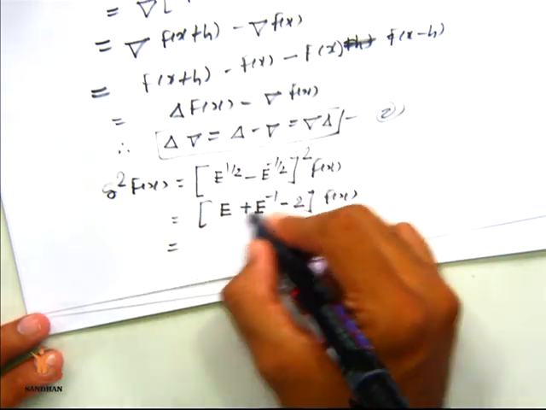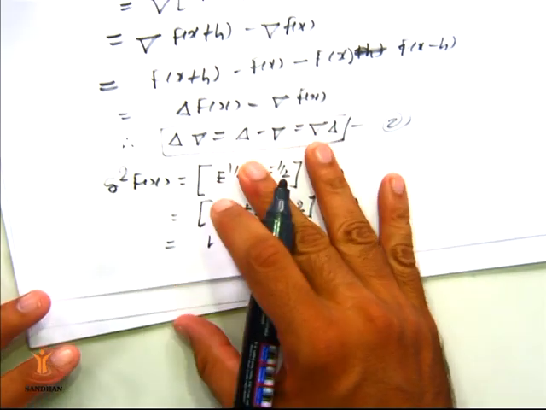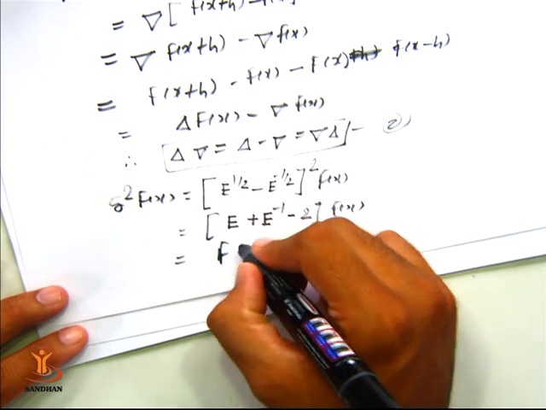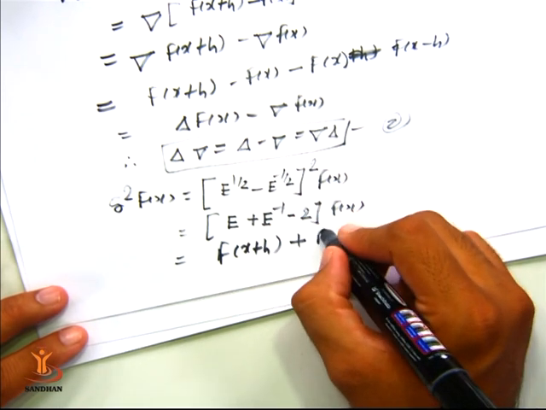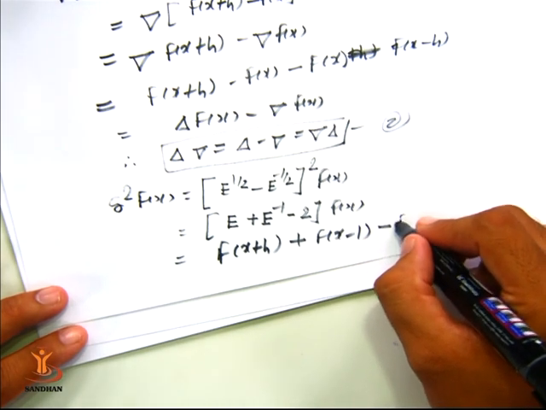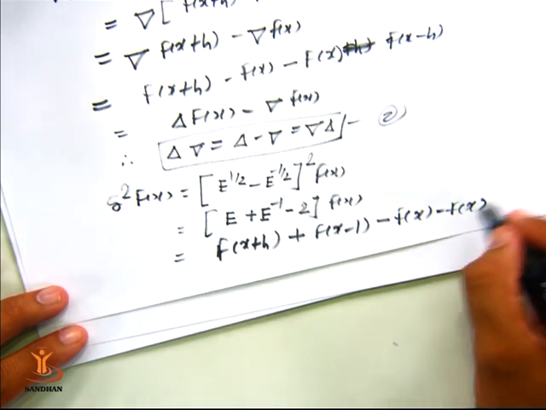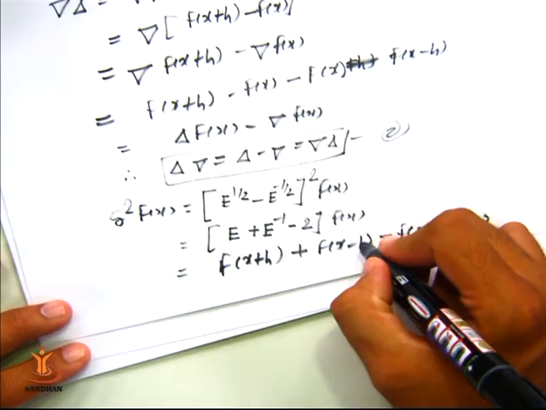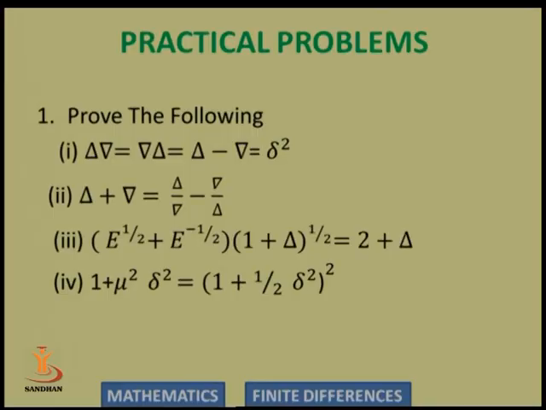So if you apply the E operator to f(x), you will get f(x plus h) plus f(x minus h) minus 2f(x), which will be written as f(x) minus f(x), and will be given to both the operators one by one. One will be given to f(x plus h), one will be given to f(x minus h).